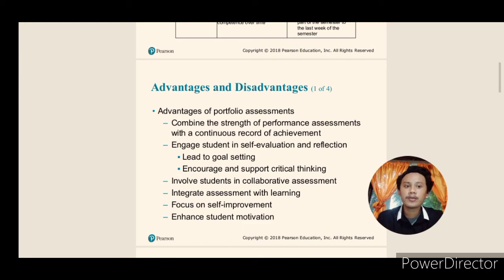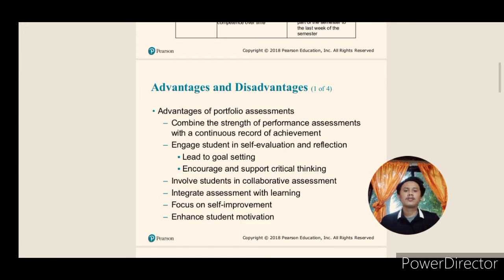Third, it involves students in collaborative assessment. Of course, as students engage in portfolios, they are given the opportunity to collaborate with their peers and classmates. It integrates assessment with learning, as every assessment has its purpose to improve one's learning. It focuses on self-improvement and enhances student motivation.